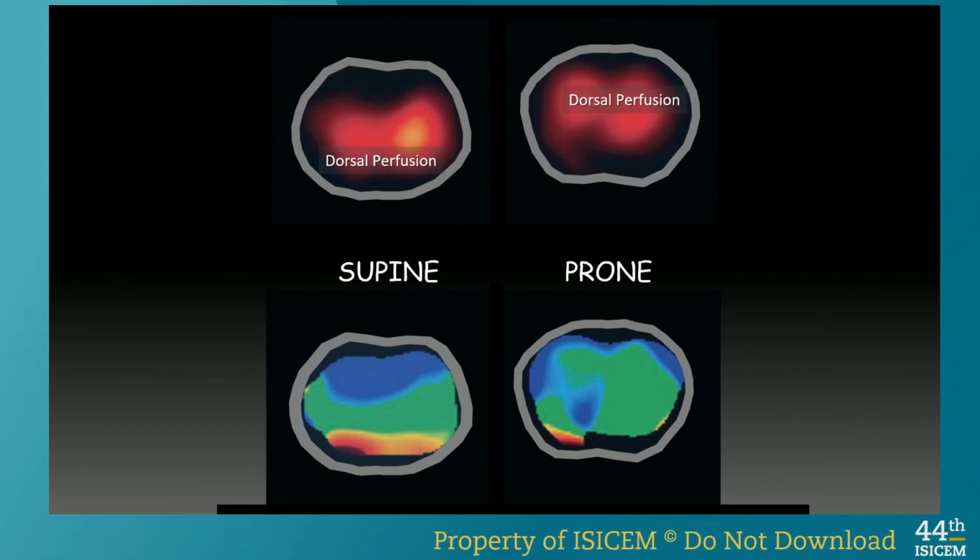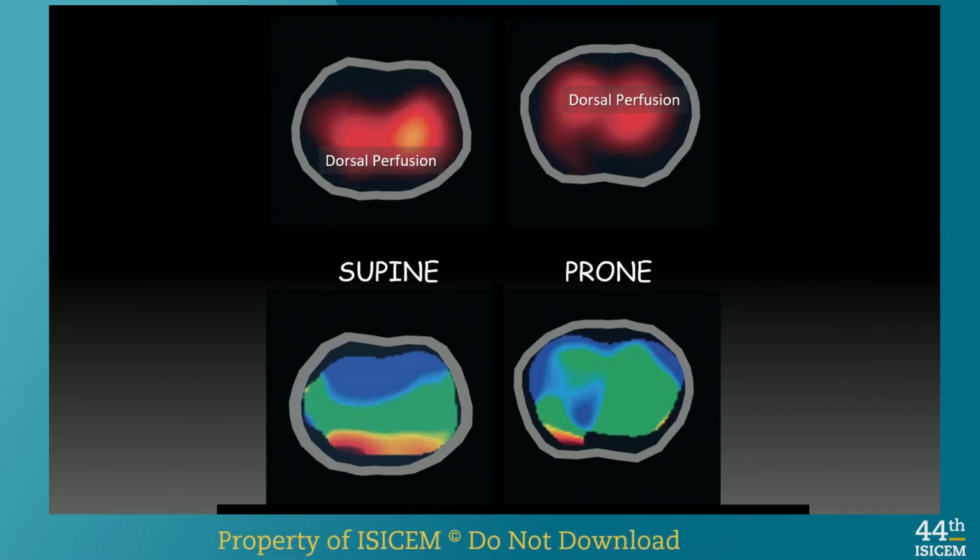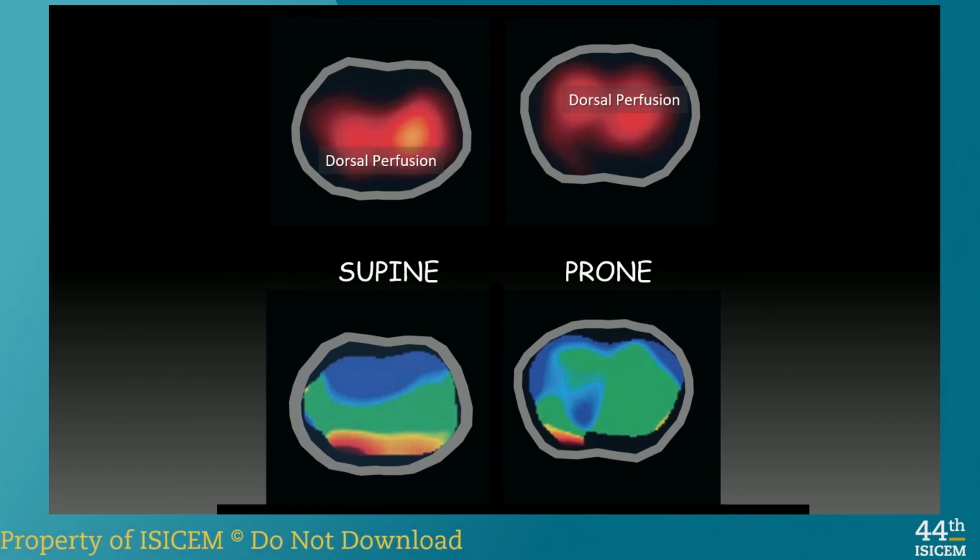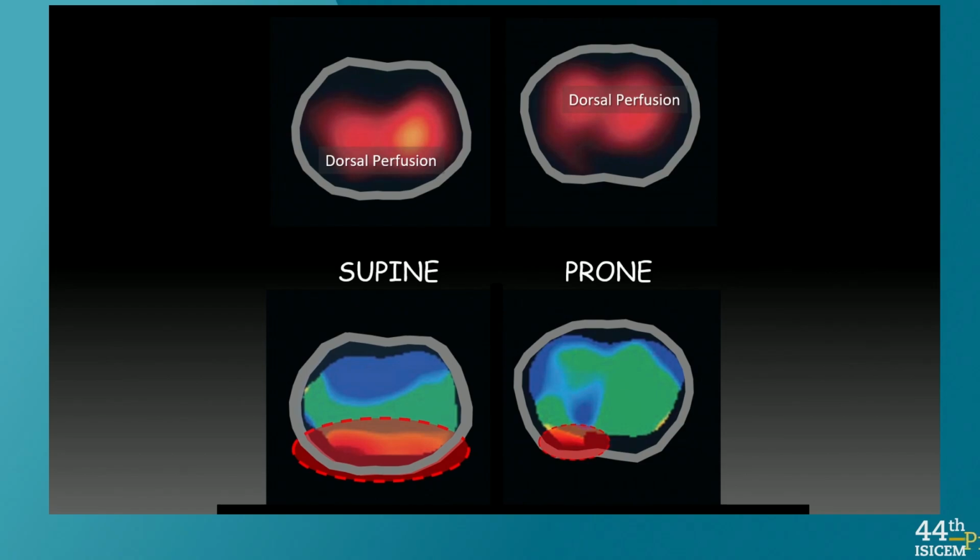So in contrast with lung collapse, perfusion does not obey gravity. And as a result, you have more shunt in supine because you have higher perfusion in poorly ventilated areas as compared with prone, because now the perfusion is dorsal where ventilation is better and the lung is aerated.